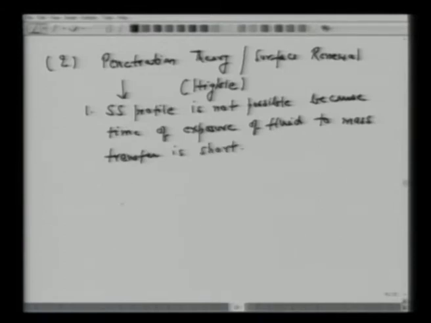Okay, so look at the difference here, that we don't have a steady state, unlike in the film theory. And why? Because time of contact is very short here.